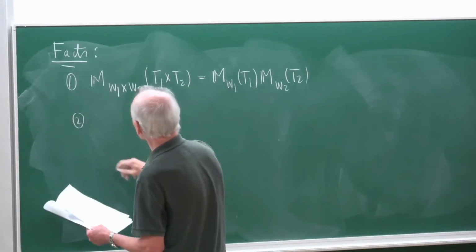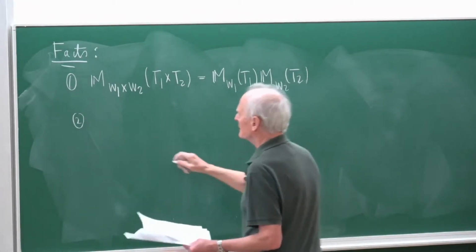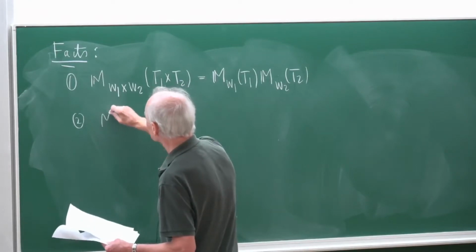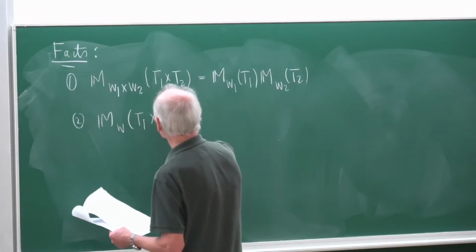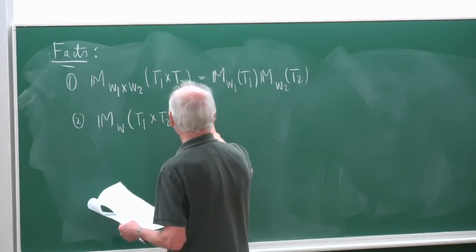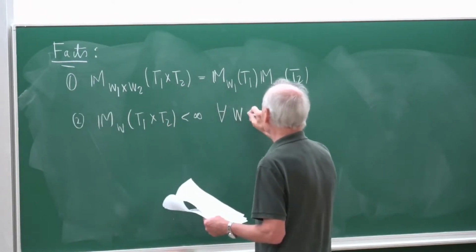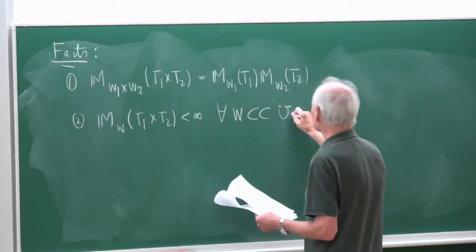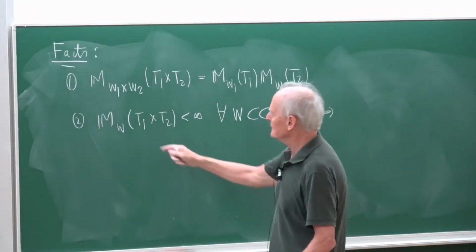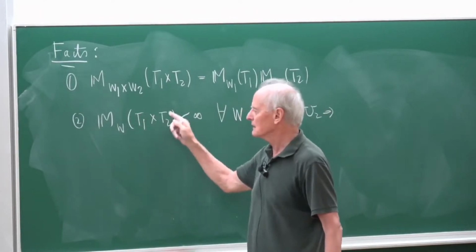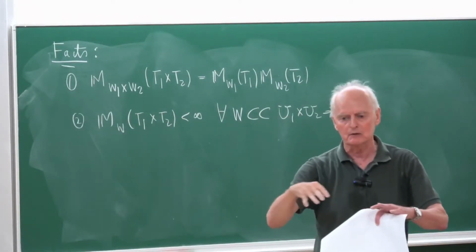Second fact is that if this is finite for every W properly contained in U1 cross U2, then remember that means that you can represent the current by integration.